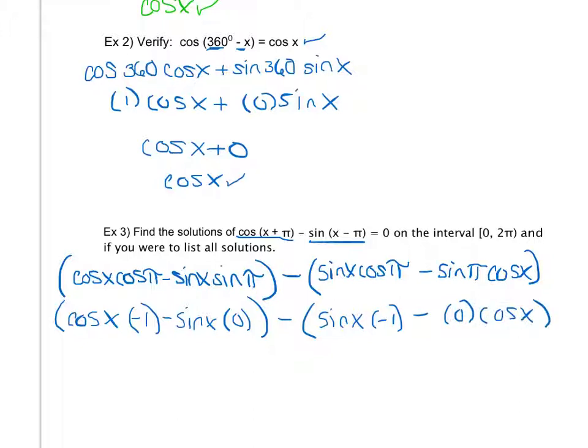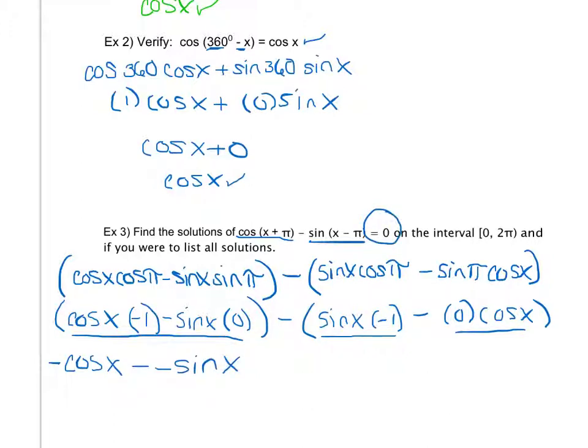Going through and doing that multiplication, I get cosine of x minus 0, so just cosine of x in this parentheses, and negative cosine of x, since cosine times negative 1 is negative cosine of x. Subtract, and then in this set, I'm going to get negative sine x and 0, so negative sine x, and this whole thing was equal to 0 in the beginning, so I should have continued to drop down the equals 0. Well, that means negative cosine of x plus sine of x equals 0.